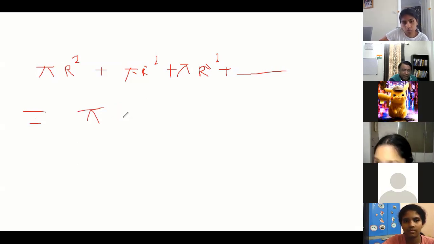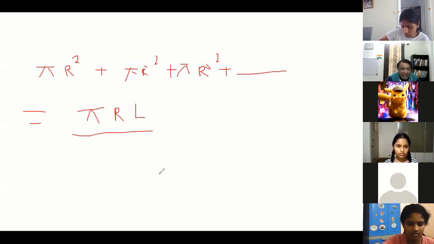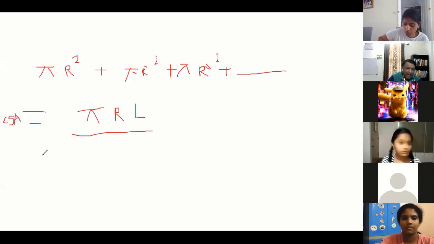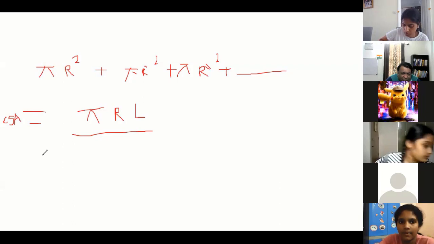When you add this infinite series, which you learn in class 11th, 12th, it comes as pi r l. And that is known as the curved surface area of a cone, CSA. Pi r l, where l is your slant height. Getting it, guys? The CSA of a cone is pi r l.